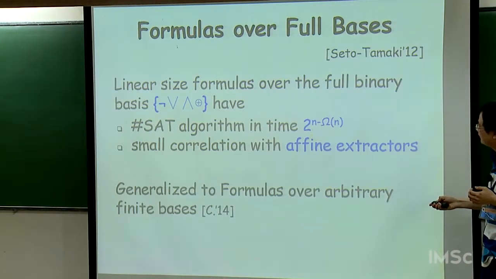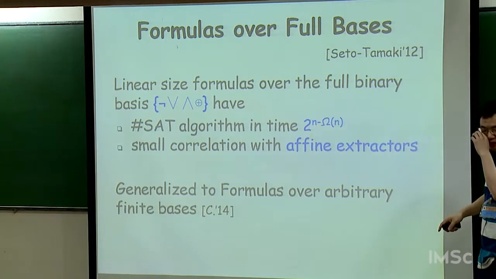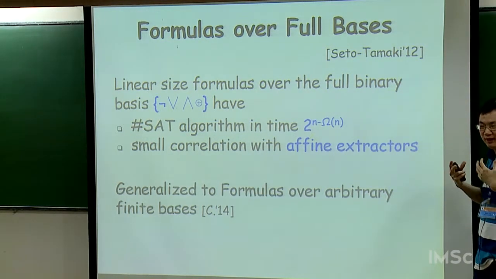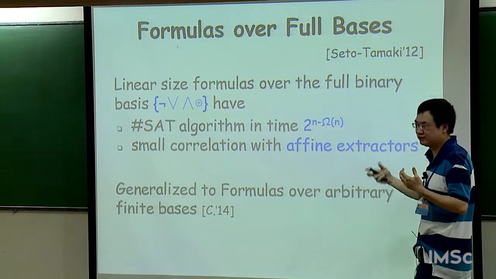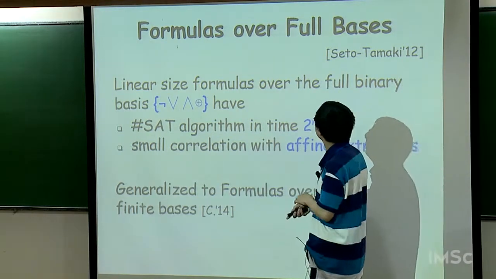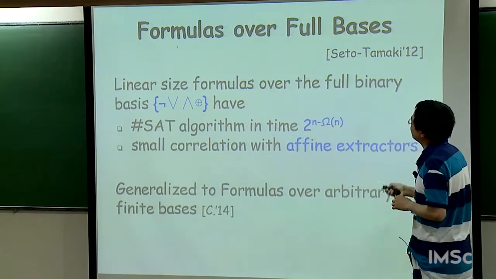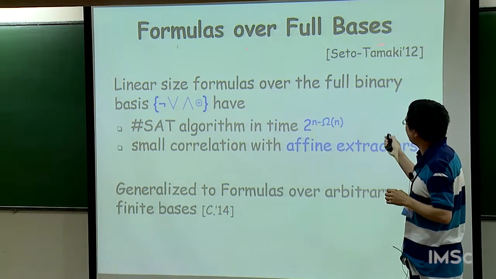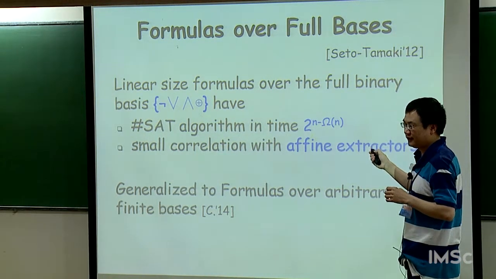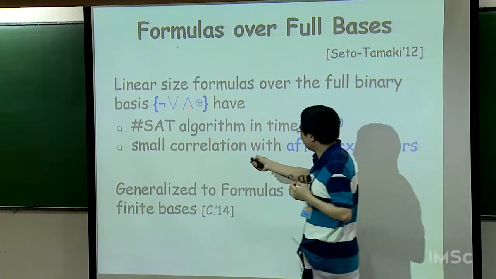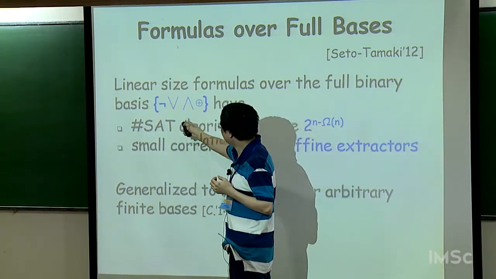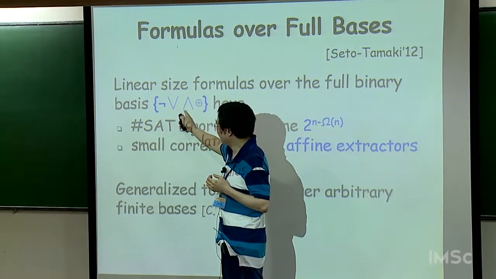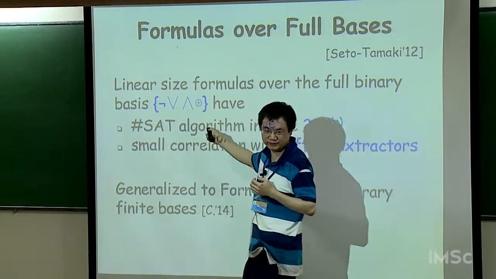Now in the following, I want to show some other applications of the same technique. Here we consider the model of formulas over the full binary basis. Not only do we have AND and OR gates, but we also allow parity gates in the formula.